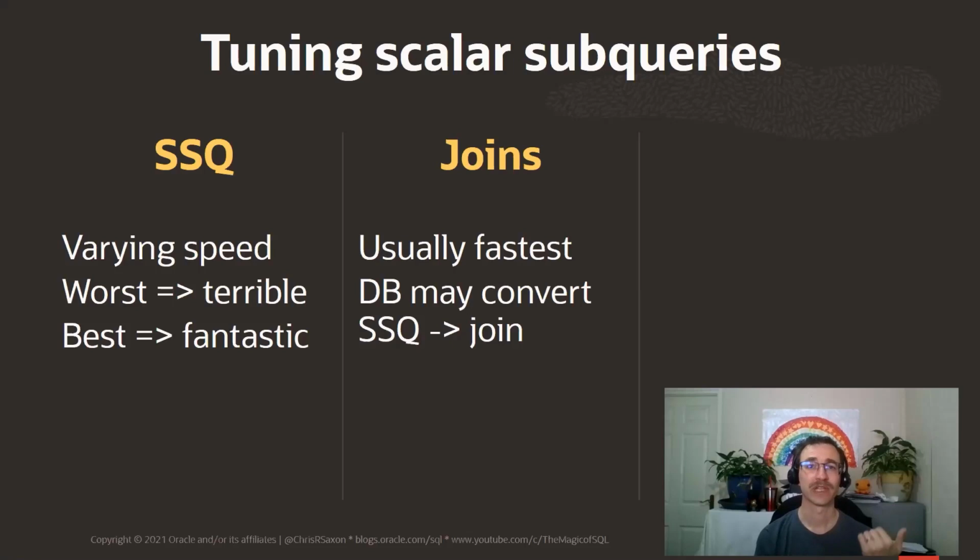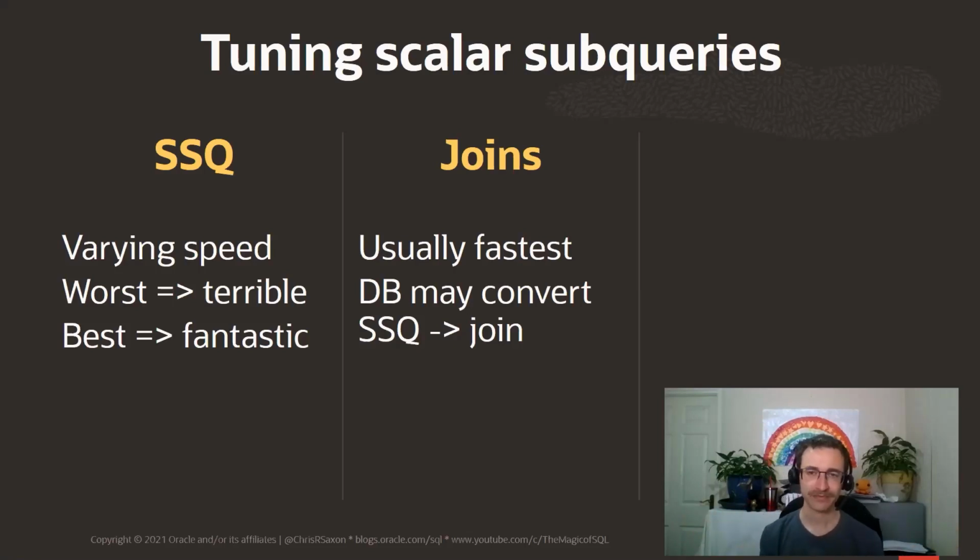And also, we can avoid referencing the same table many times in one query. That's probably one of the big drawbacks for scalar subqueries. You've got lots of them and they're reading the same table, or you're probably reading the same rows many times, whether you've got scalar subquery caching going on or not.